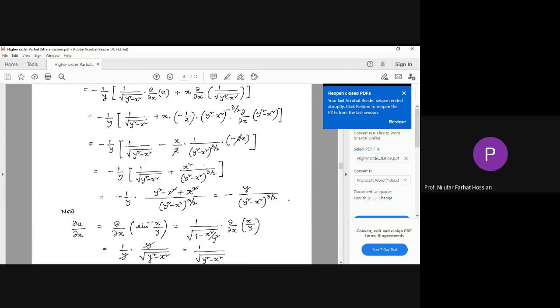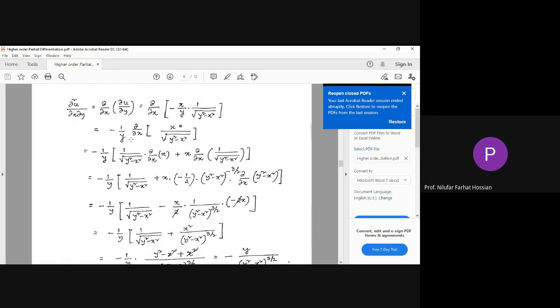So y square minus x square, and here remains 1 x square. So these two cancel out. So this y square and this y, 1 y will be cancelled. So the result will be minus y divided by y square minus x square whole to the power 3 by 2. So this is the result of this second order partial derivative, del square u by del x del y.